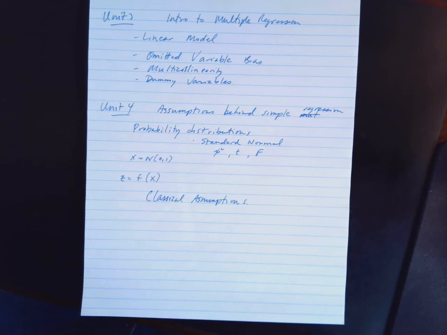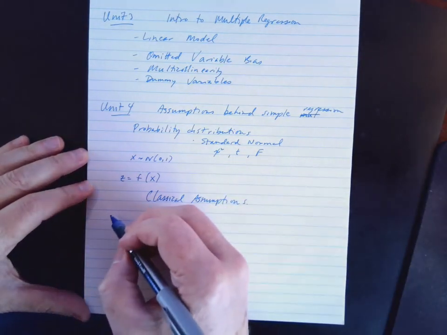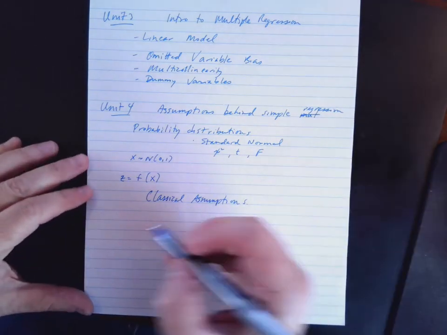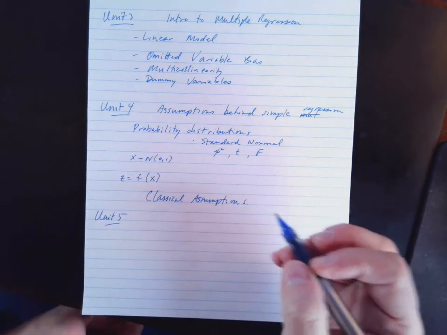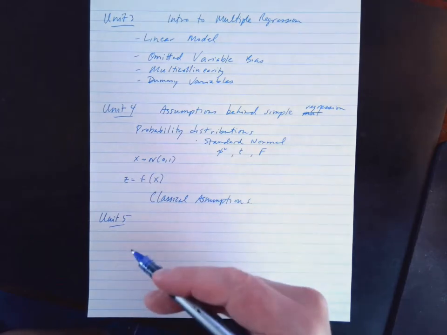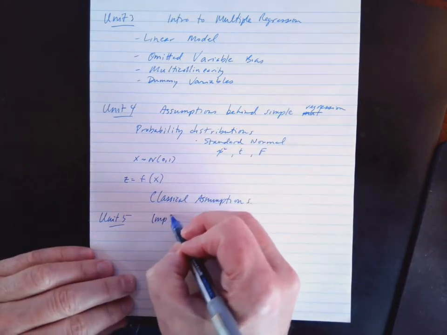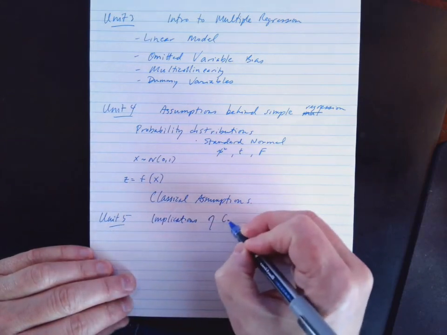The x's are non-random, and the errors follow a normal distribution. So that was Unit 4, and then Unit 5 began talking about what are the implications of these assumptions. So the implications of the classical assumptions.